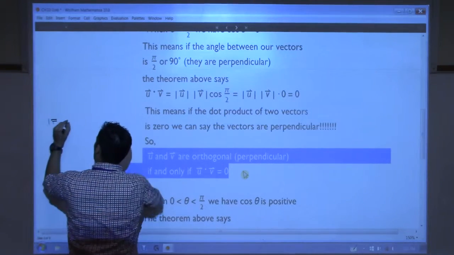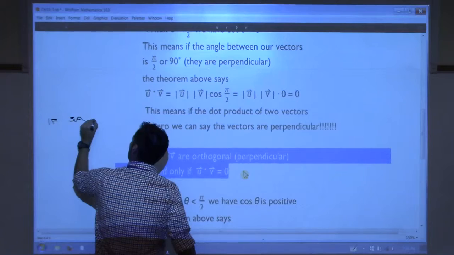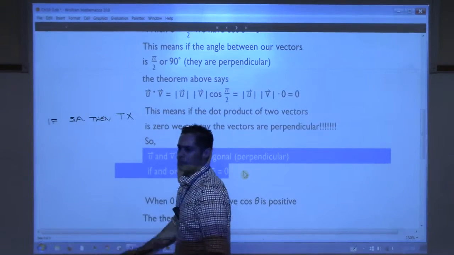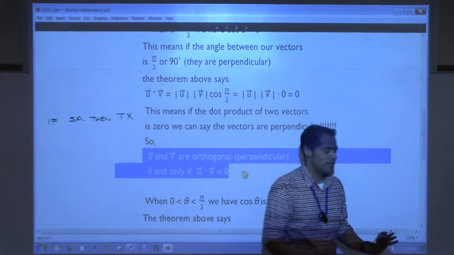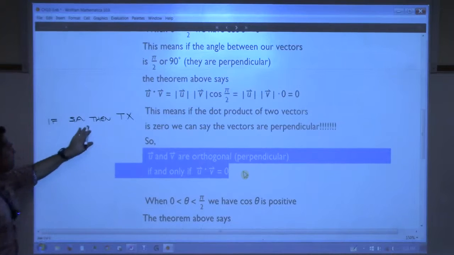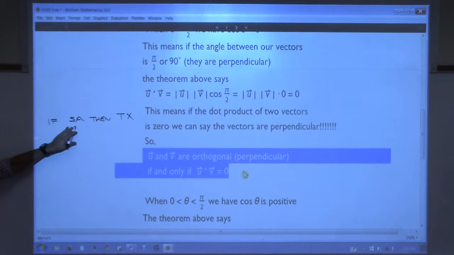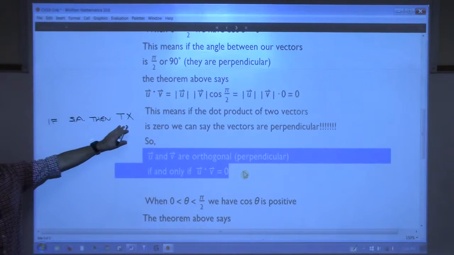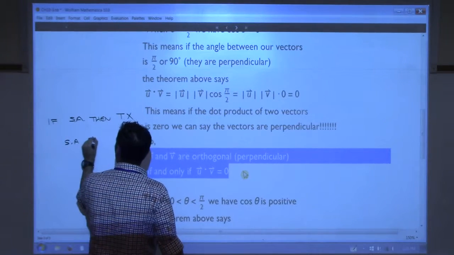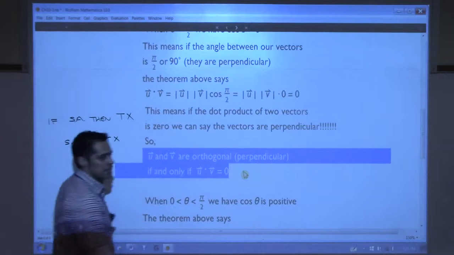If you're from San Antonio, then you're from Texas. Is that true? Let's just say you live in San Antonio, you live in Texas, yes? So we could say this: San Antonio resident implies Texas resident, yes?